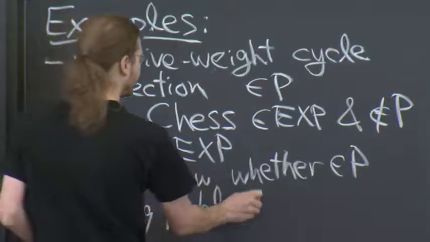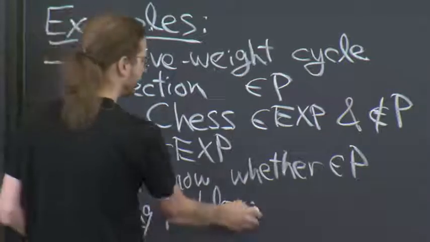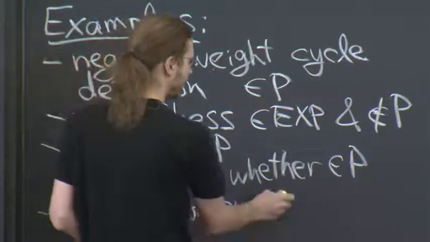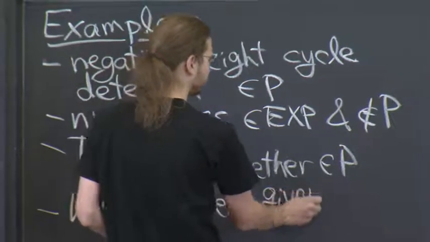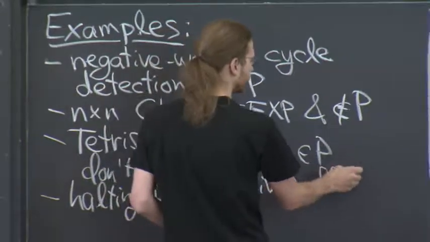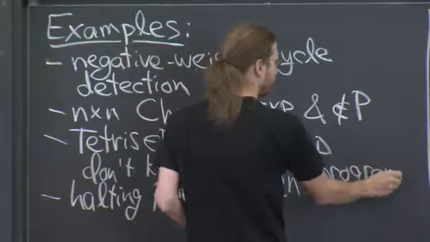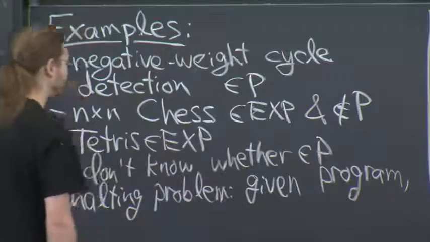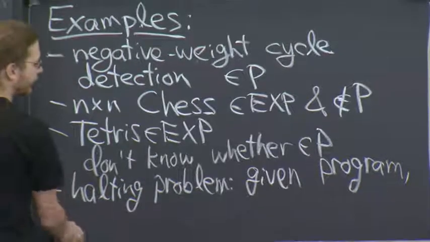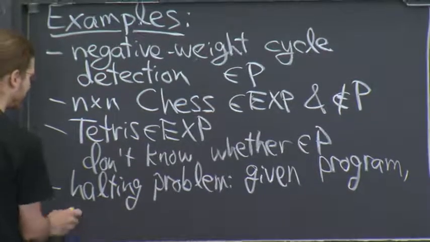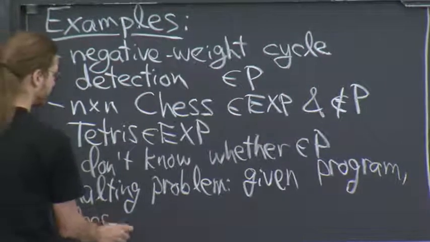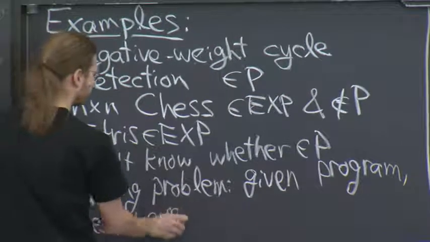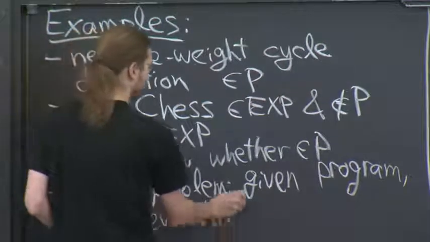So the halting problem is particularly cool, as we'll see, or interesting. It's a problem of given a computer program, Python, whatever, it doesn't really matter what language. They're all the same in a theoretical sense. Does it ever halt? Does it ever stop running?